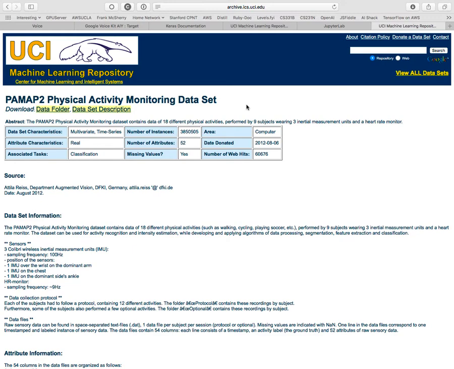A bunch of physical activities were performed, with IMUs and a heart rate monitor and stuff like that, kind of like what we have in our Pixel. The version of the data set we're using doesn't have all 18 physical activities, but the point is the same: IMUs, heart rate monitor, and this is raw sample data.